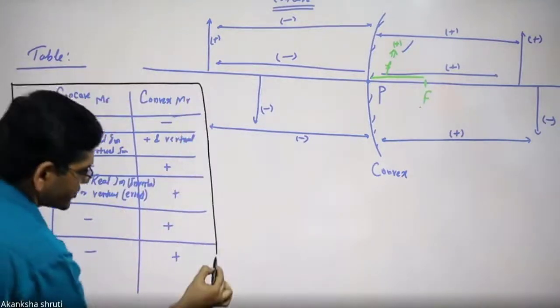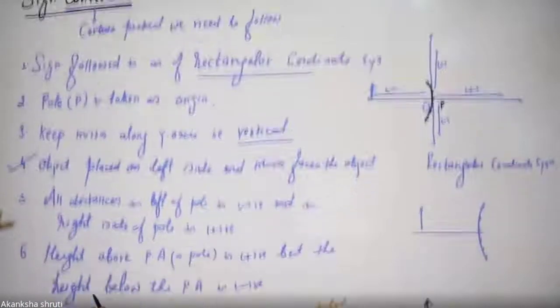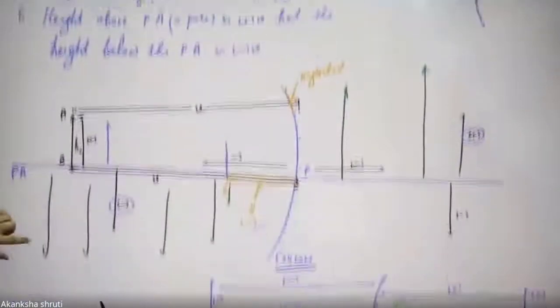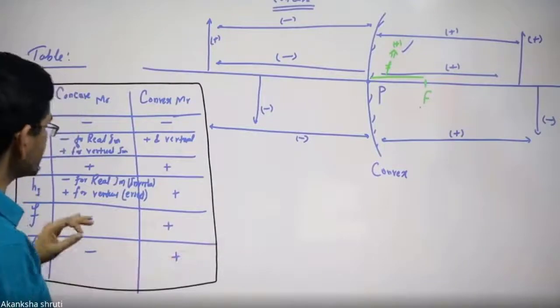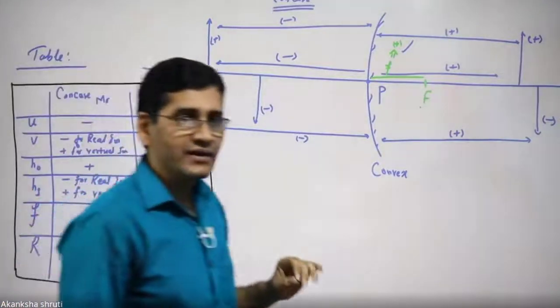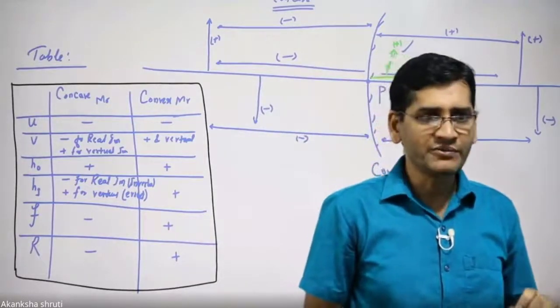Using the conventions adopted, these six things, we have prepared this table. And these signs are used in solving numericals and predicting the nature of the image and the nature of the mirror.